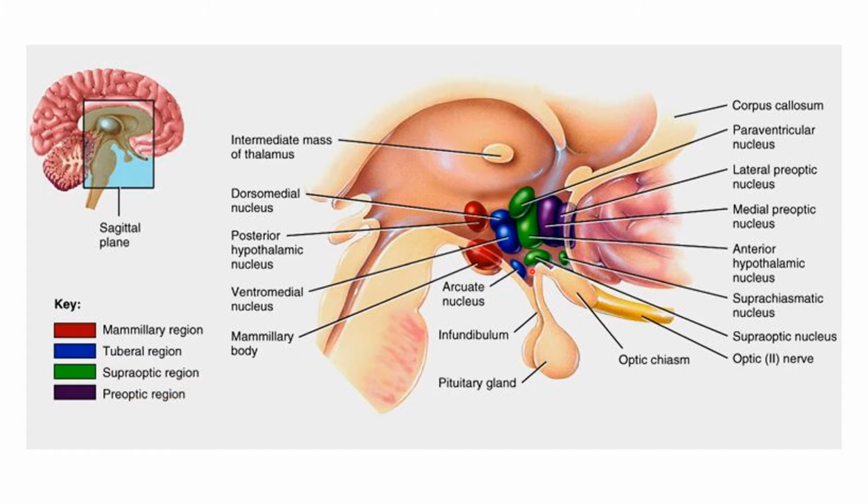And in the supraoptic region, there is the paraventricular nucleus, the anterior hypothalamic nucleus, the supraoptic and the suprachiasmatic nucleus. In this picture, it also has a region called the preoptic region, and it contains the medial and lateral preoptic nucleus. We'll speak about the nuclei and some of their functions in later slides.